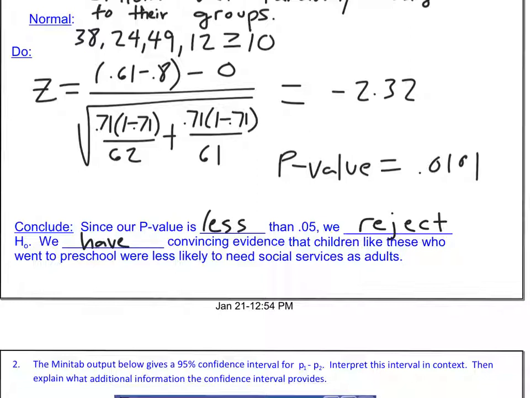We have convincing evidence that children like these who were sent to preschool were less likely to use social services as adults.